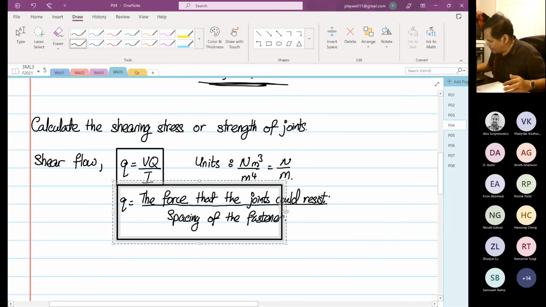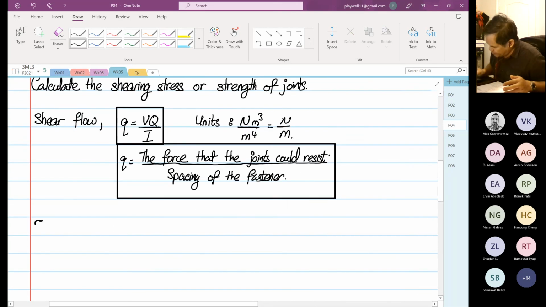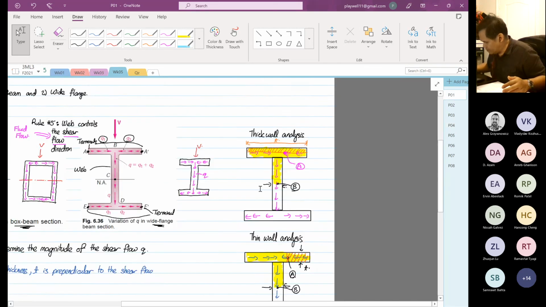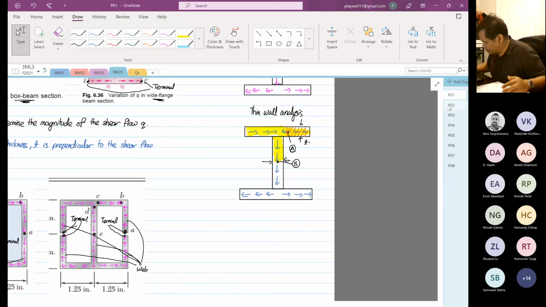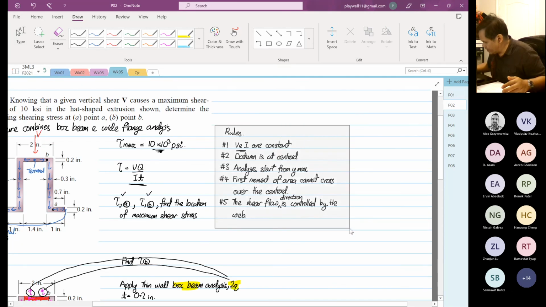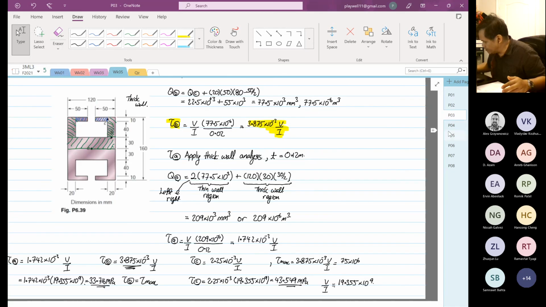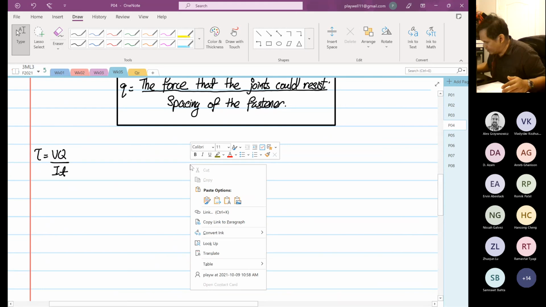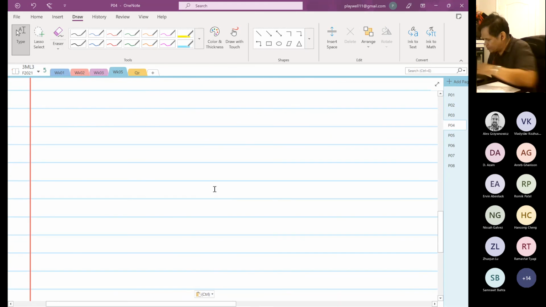Then another formula that we're going to apply is shear stress, equal to VQ over It, and together with this, these rules still apply. That's why I told you these rules are really handy.